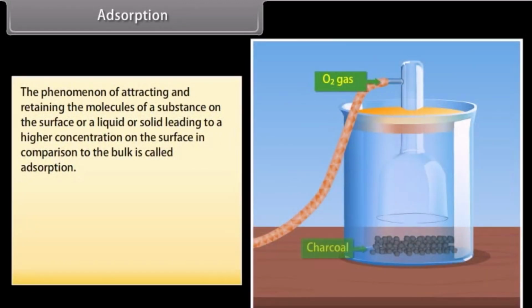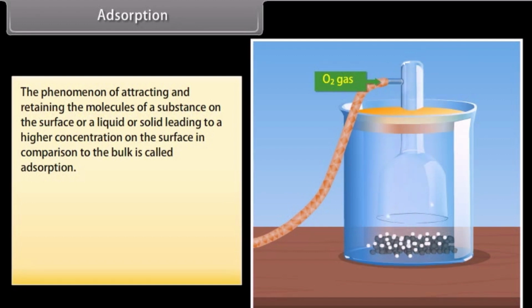Adsorption. The phenomenon of attracting and retaining the molecules of a substance on the surface of a liquid or solid, leading to a higher concentration on the surface in comparison to the bulk, is called adsorption. For example, when oxygen gas is taken in a closed vessel containing powdered charcoal, the pressure inside the enclosed vessel decreases.